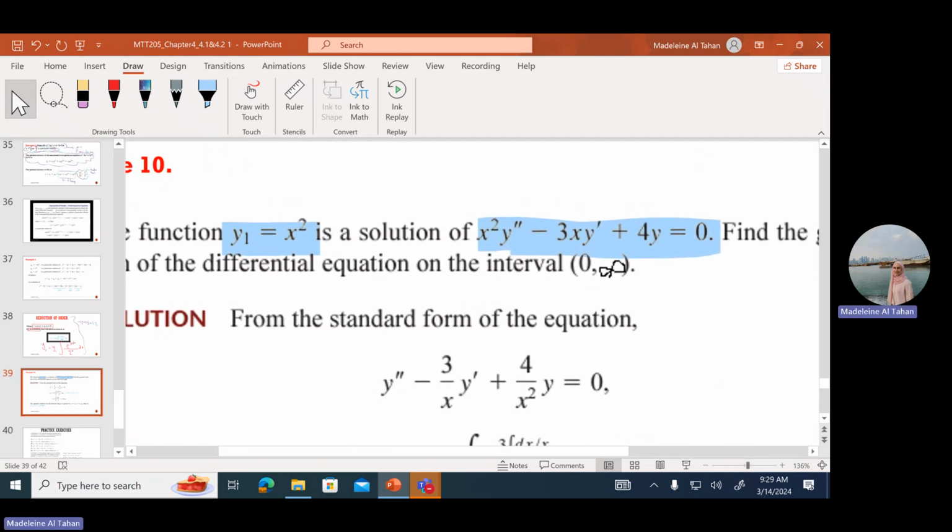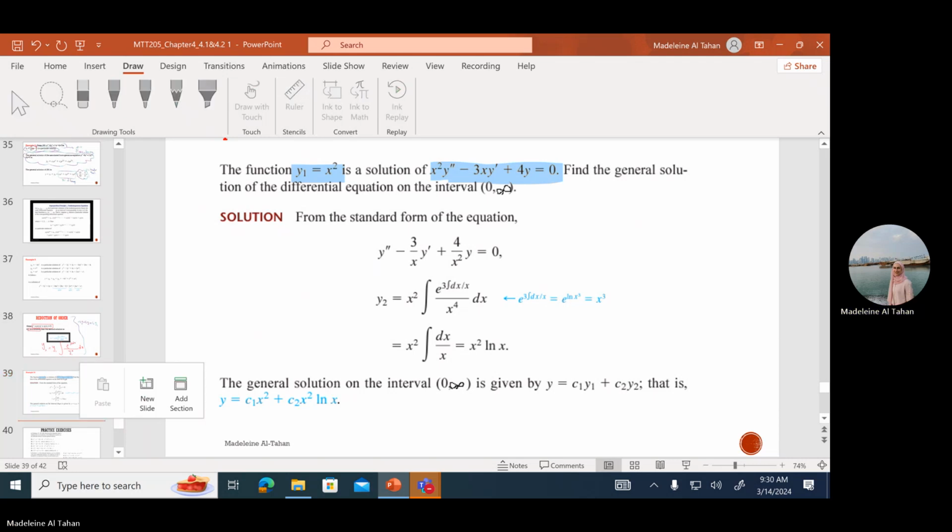So we are given this differential equation, and we are given a solution for it. y1 equals x squared is given as a solution for x squared y double prime minus 3xy prime plus 4y equal to 0.